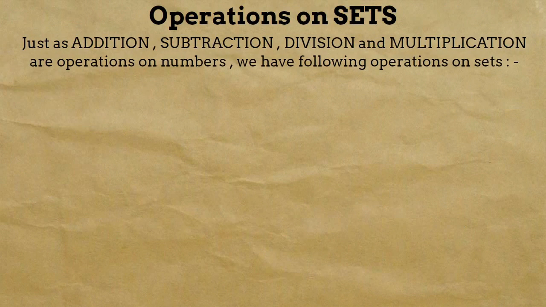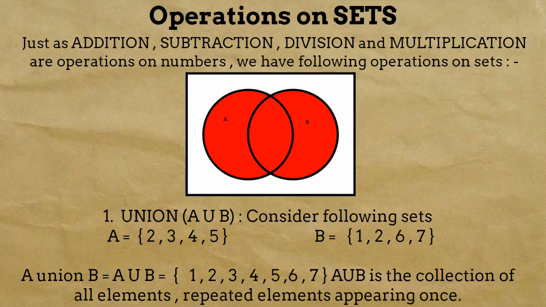Next comes operations on sets. Just as addition, subtraction, division and multiplication are operations on numbers, we have the following operations on sets. Let's have a look at the first operation, which is called the union. It's also written as A ∪ B. Consider the following sets.